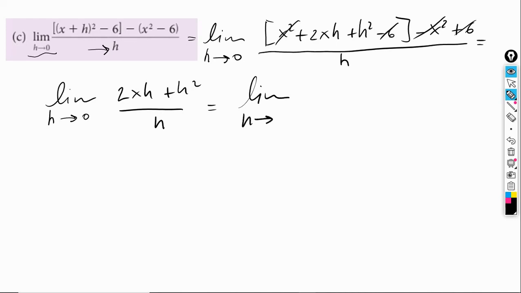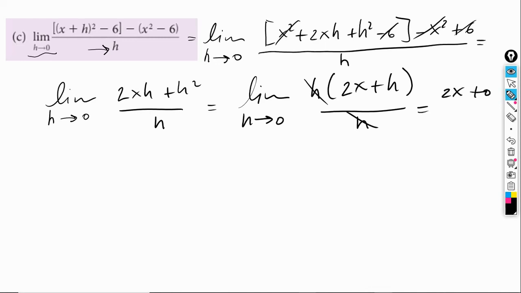Limit as h approaches 0 of h times 2x plus h over h. So now we can cancel out the h's and we can solve for this. So notice that all we have to do is plug in 0 for h, and that would just give us 2x plus 0. Therefore, the answer for this would be 2x. Now later on, you're going to understand that all we really did was find the derivative of x squared minus 6. But that's a topic for a future video.